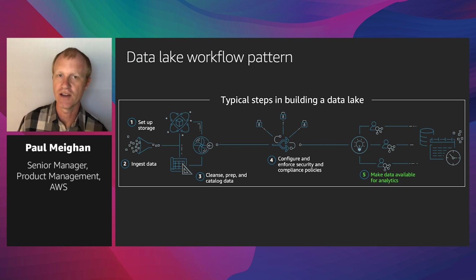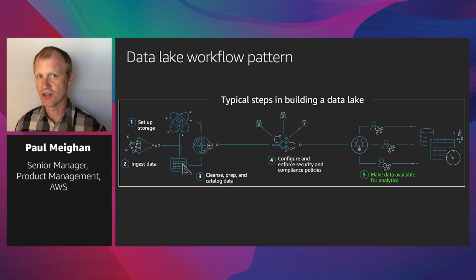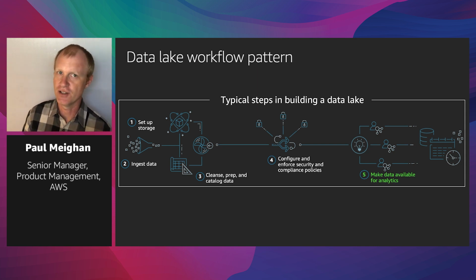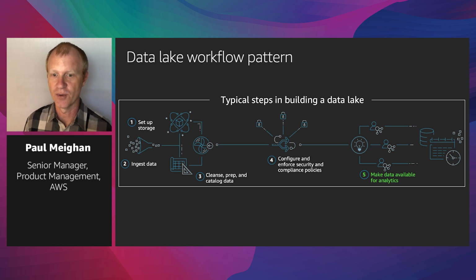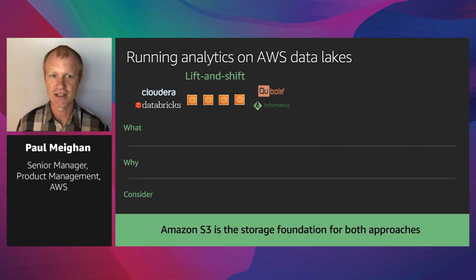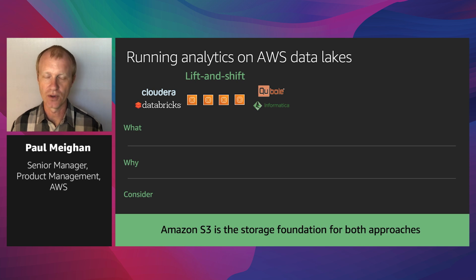Either using the Kinesis family or S3 event notifications to drive Lambda functions to take us through that process, which means we've prepped our data for analytics. We've then secured that data using a bunch of S3 security features, and now we're going to go to the last step, which is making it available for use by analytics applications.